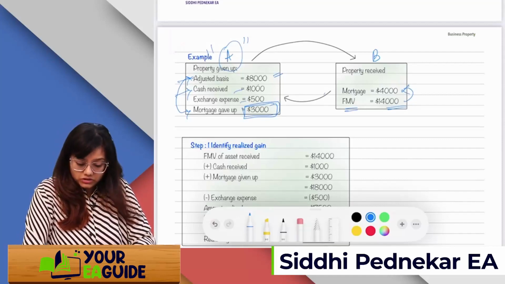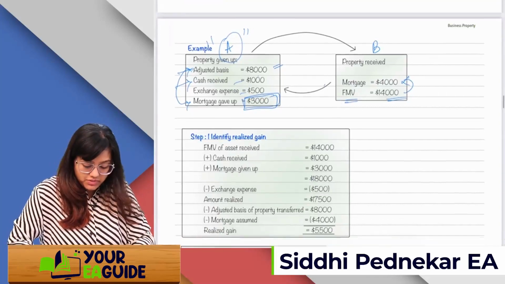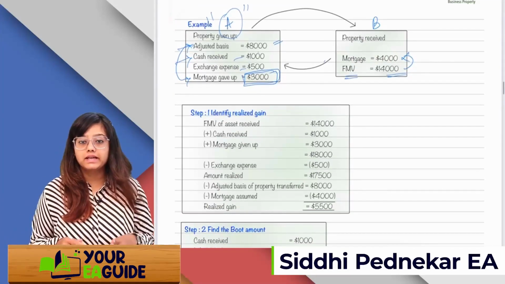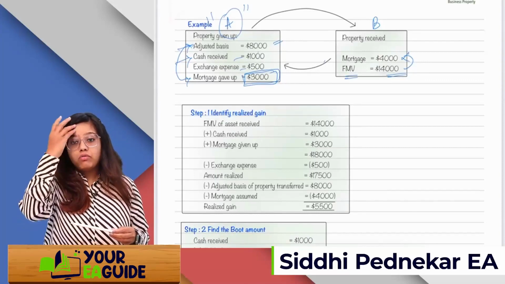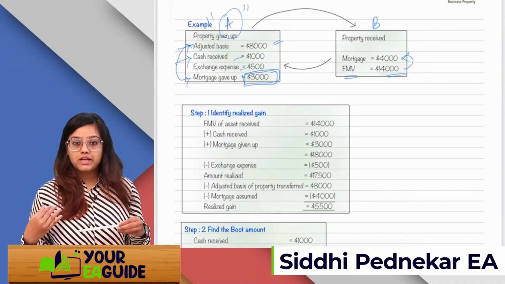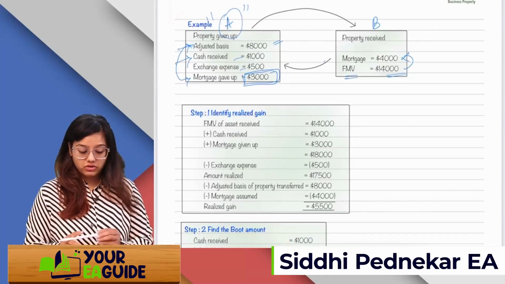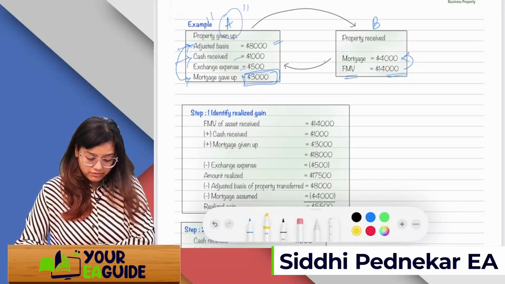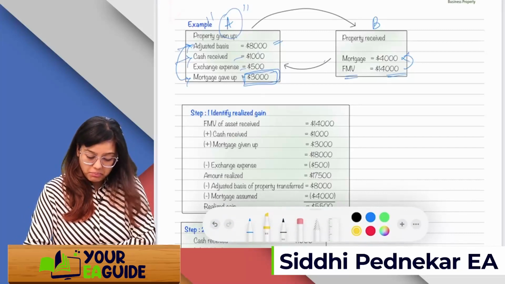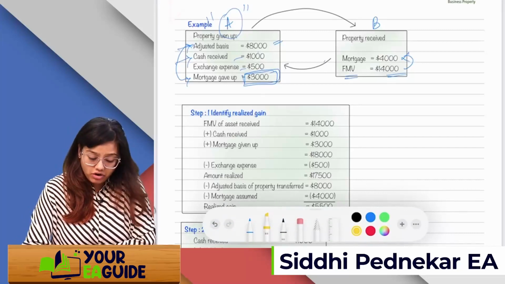Okay, so let's see step 1. First we will identify the realized gain. Step 1 is realized gain. What do we mean by realized gain? Whatever we are receiving minus whatever we are giving up. In our example, what we have received is the property which has an FMV of 14,000.